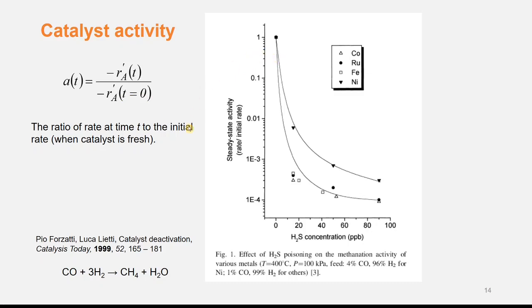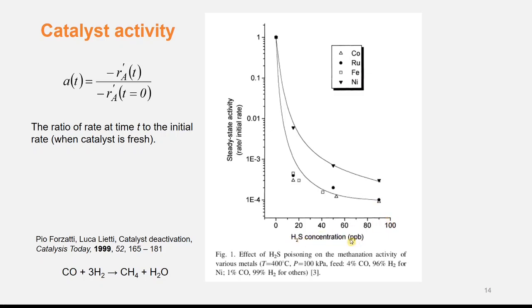In this graph from the paper, catalyst activity has been measured for various catalysts as they are poisoned with hydrogen sulfide. Here we have cobalt, ruthenium, iron, and nickel. And you can see that less than 0.1 parts per million of hydrogen sulfide.